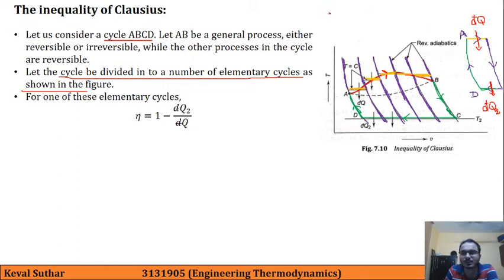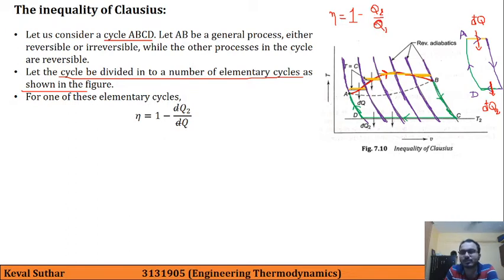And if you recall, our standard formula in case of Carnot cycle for efficiency was 1 minus q2 by q1, that is 1 minus heat rejected divided by heat supplied.